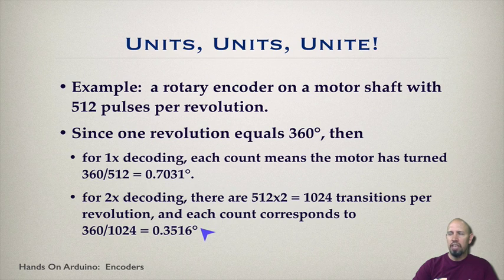Here, each time we get a transition, that means we've gone 0.35 degrees. So we've gone a smaller distance, and that's a finer resolution, and that means we're more accurate in terms of the motion. Okay, so units are important.